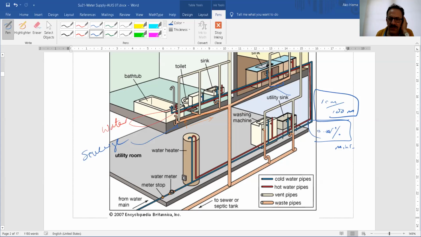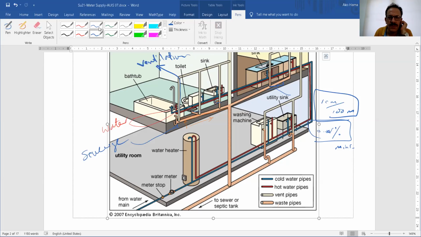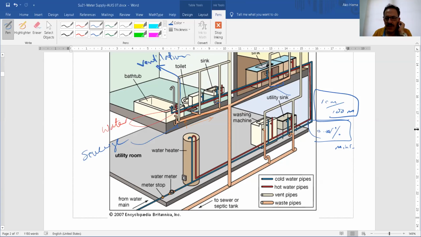Also, we have to connect to each of them another pipe, which is used for ventilation. The ventilation pipe is another requirement in designing the plumbing system. So briefly, we have hot water, cold water, and sewers.